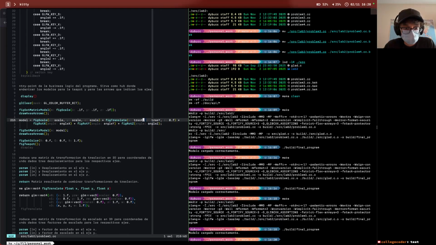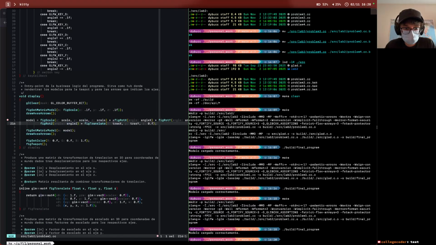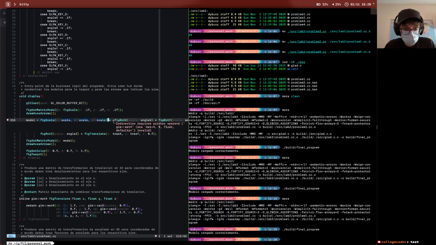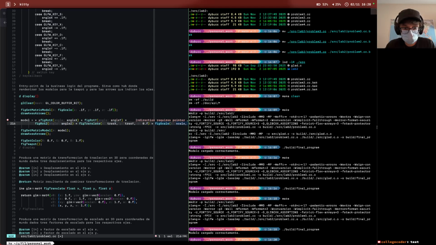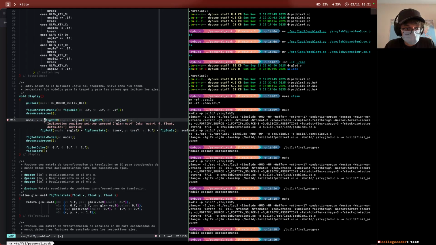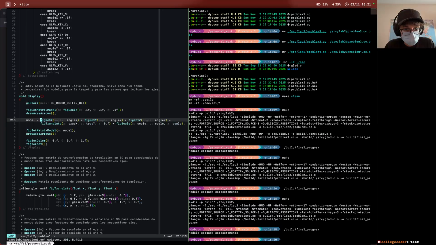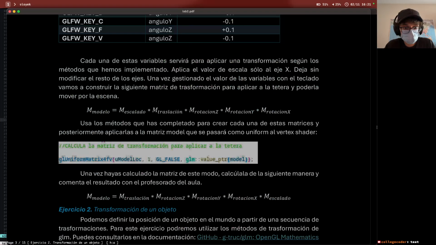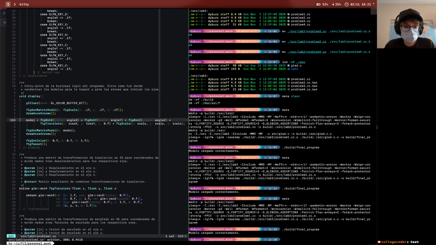And then it would be translation, and then we would have scaling. So this goes away, this goes away. Translation and scaling.